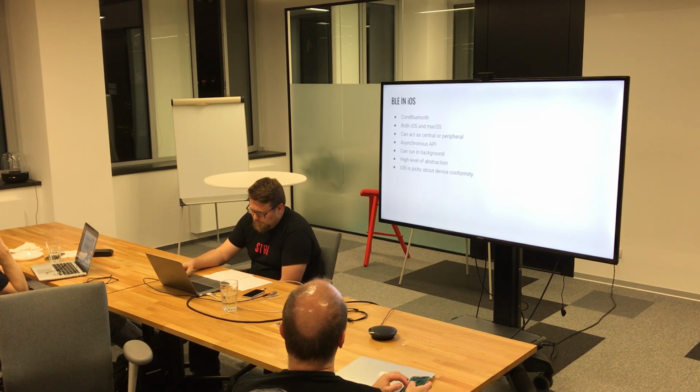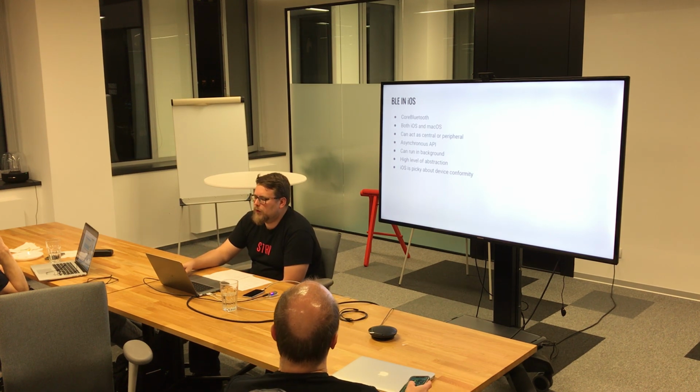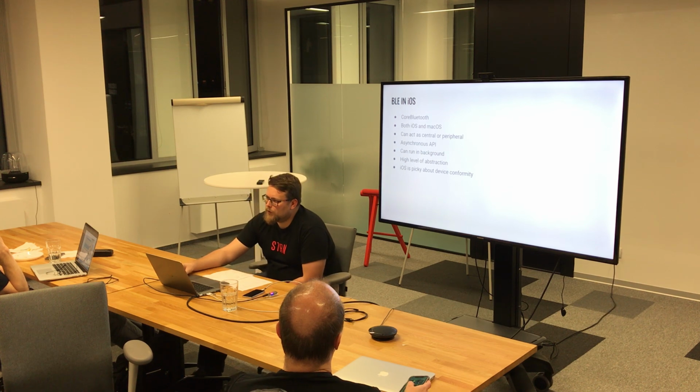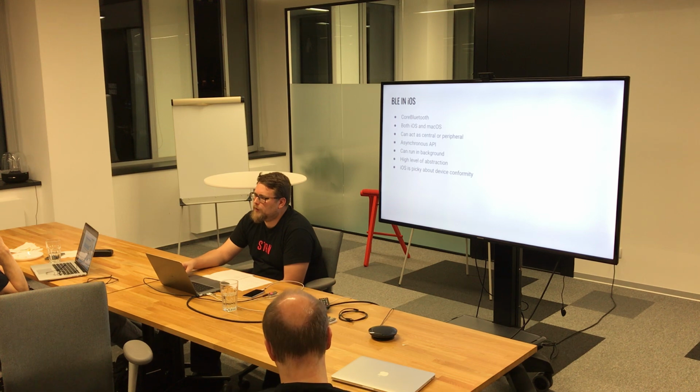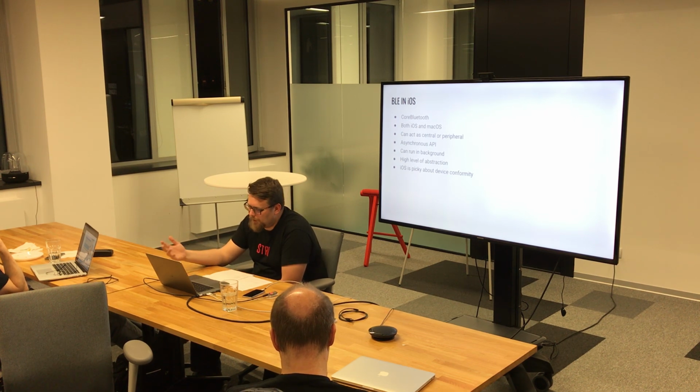The API is quite asynchronous, which sometimes can be useful, sometimes not. It can run in the background, so you can stay connected when the app is in background, and the system will keep your app running and send notifications to it, or wake up the application.